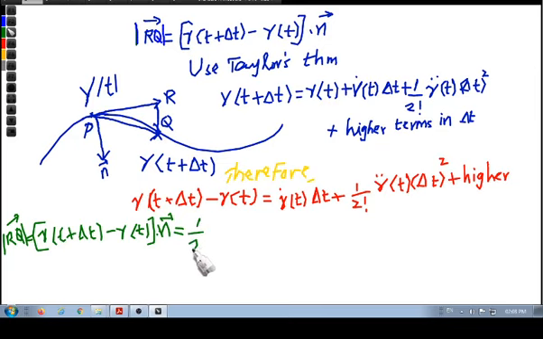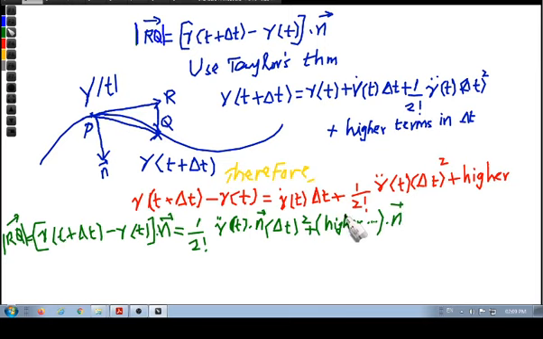So remaining is 1 by 2 factorial gamma double dot of t dot vector n into delta t square plus higher terms dot product with n. Now when delta t is small, you can neglect these higher terms.